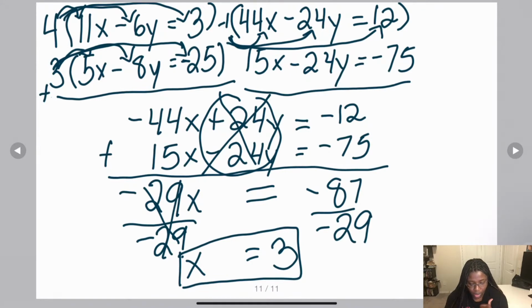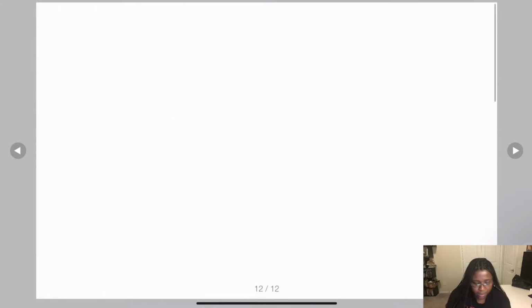So I'm going to move on to a new sheet since we're all out of room here. What I'm going to do is take one of my original equations, the one that I started off with before I started multiplying and subtracting. The original one I'm going to take is that first one, 11x minus 6y equals 3.